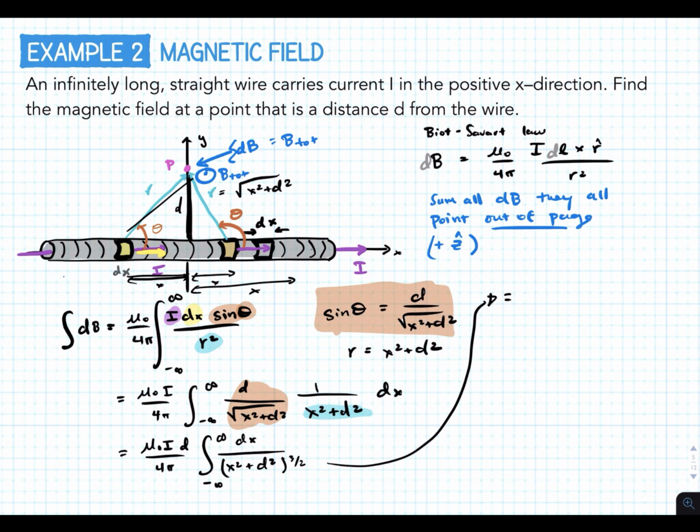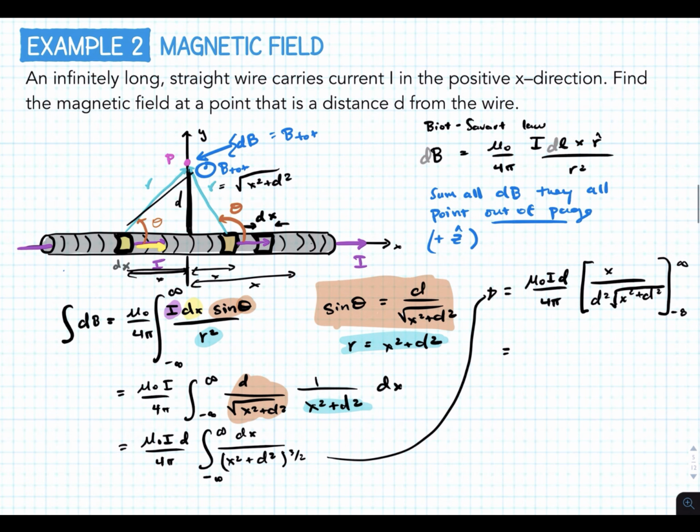And this is our r. Okay, so we end up with mu naught I d over 4 pi. This gives us a very nice x over d squared times the square root of x squared plus d squared, from negative infinity to infinity.